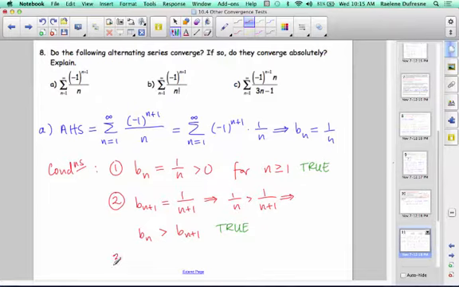The third condition involves looking at the limit as n approaches infinity of Bn, and Bn is 1 over n, and that limit is 0, so the third condition of the alternating series test is true.